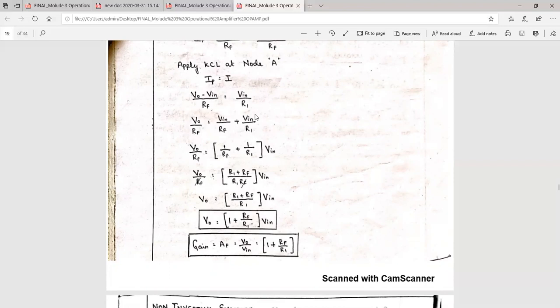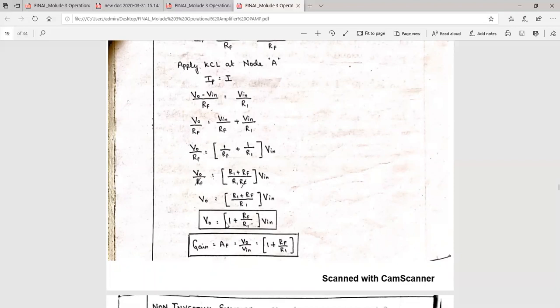Now taking V in common on the right hand side and simplifying, you cross multiply R1 plus RF divided by R1 RF, and we cancel out RF on both sides. We will get the equation as V0 is equal to R1 plus RF by R1 into V in.